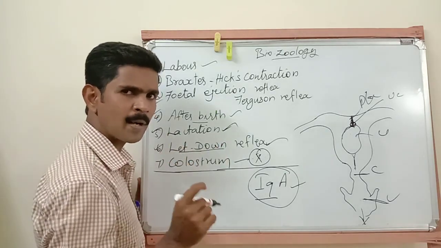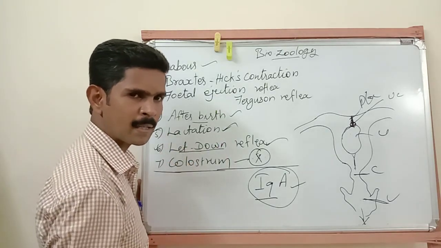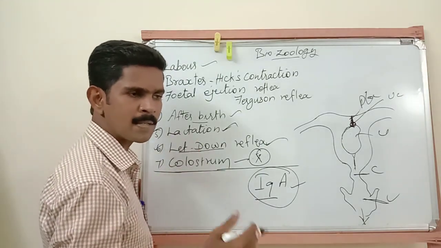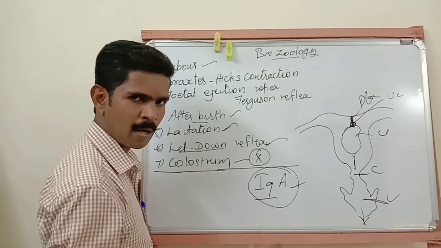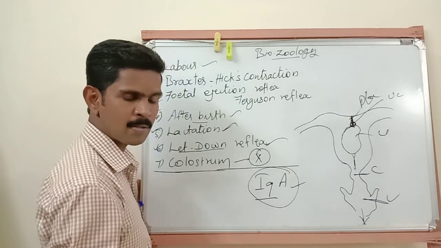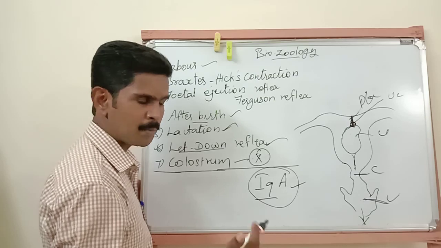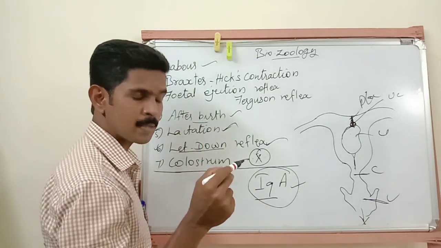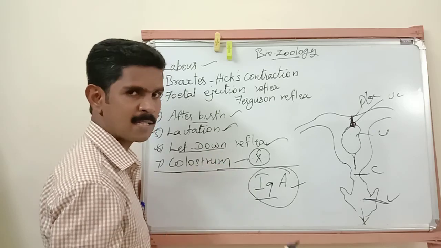The process of production of milk from the mammary gland is called lactation. Here also, because of the increased secretion of some hormones, what are the hormones I said? Estrogen, progesterone and human placental lactogen hormones. Because of these hormones, the hypothalamus region of the brain is stimulated.